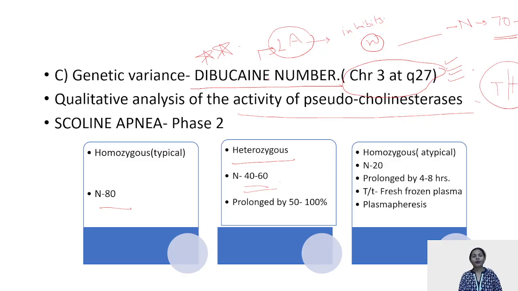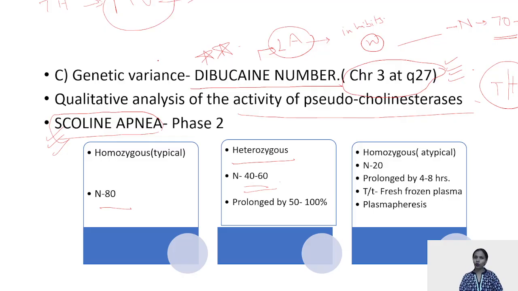Suppose the patient undergoes this scoline apnea, that is, the patient is not coming out of the scoline. This is also one of the reasons for phase 2 block. There are other reasons for phase 2 block also, but yes, this is one of them. Now, if the patient is not coming out of scoline apnea, what is the treatment of choice? Mechanical ventilation has to be continued, and you can wait.